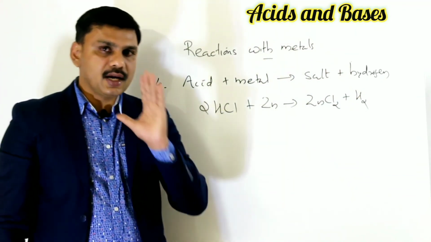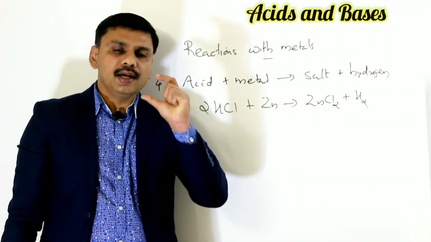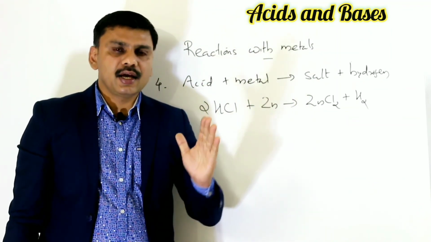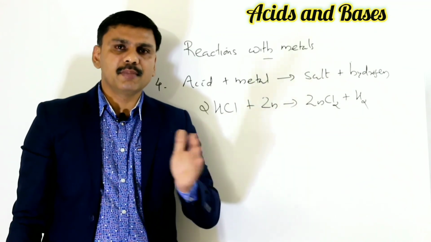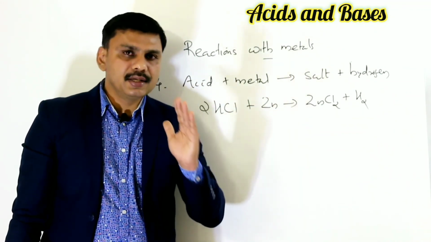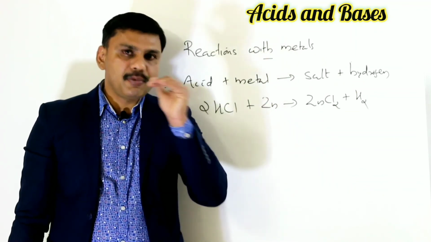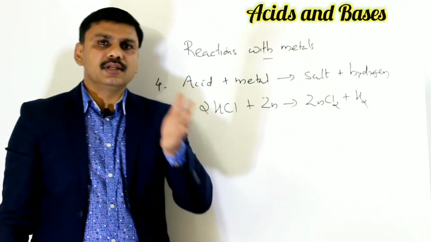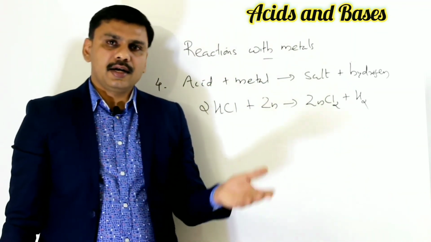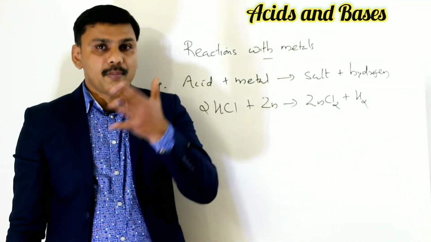So you must memorize the general equations. In a question paper, if you see a reaction of an acid, you can predict the products. First you identify what type of reaction it is: acid with metal oxide, metal hydroxide, metal carbonate, metal hydrogen carbonate, or metal.